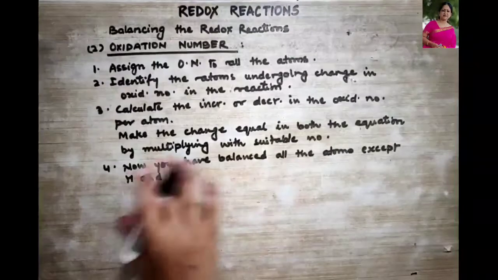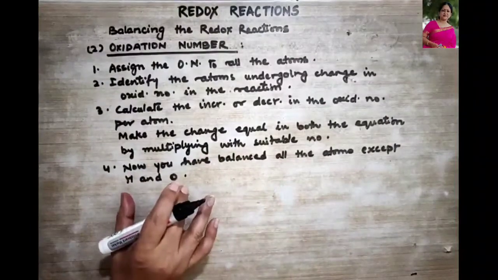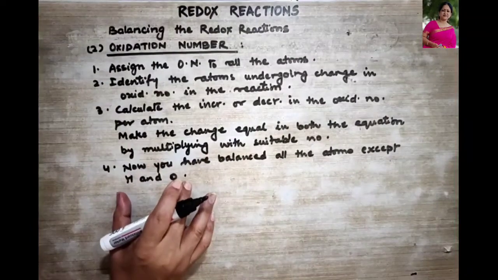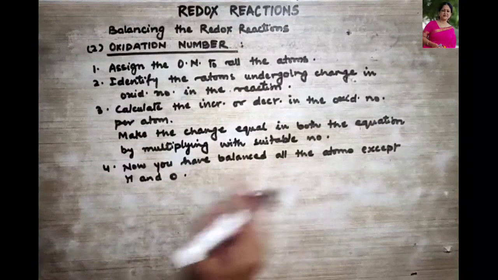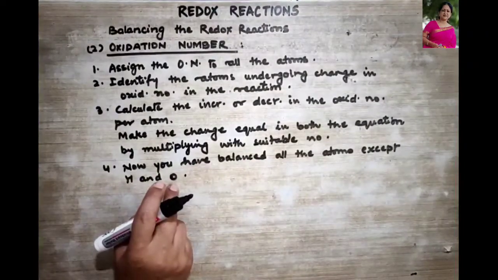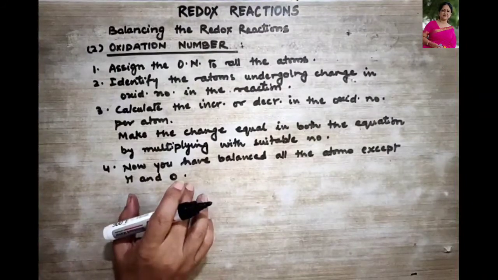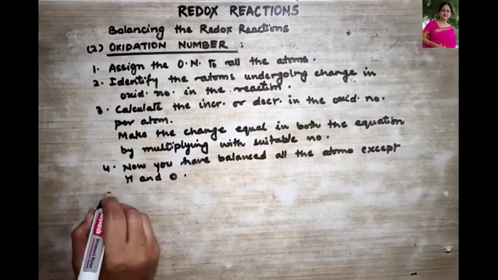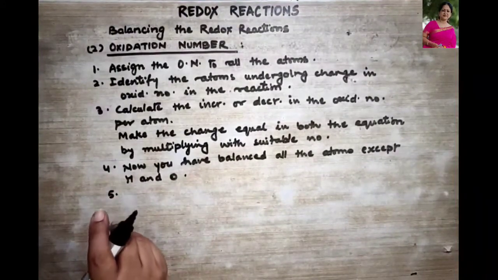You have balanced all the other atoms but not hydrogen and oxygen just now. Is this point clear? After balancing all the atoms, then you are going to move to balancing the hydrogen and oxygen atoms.